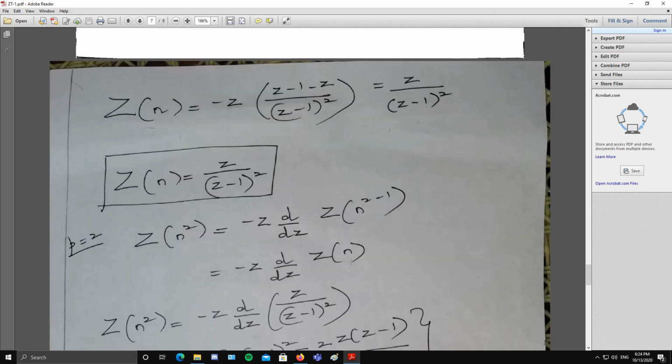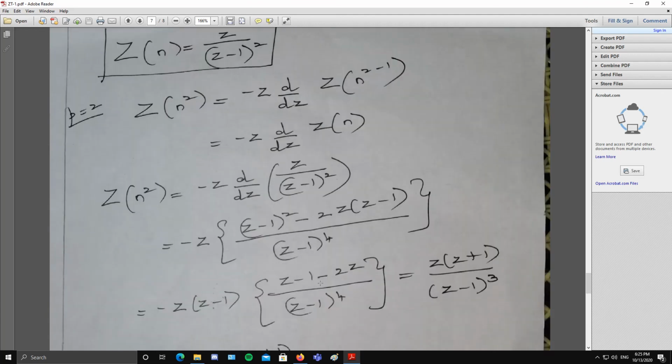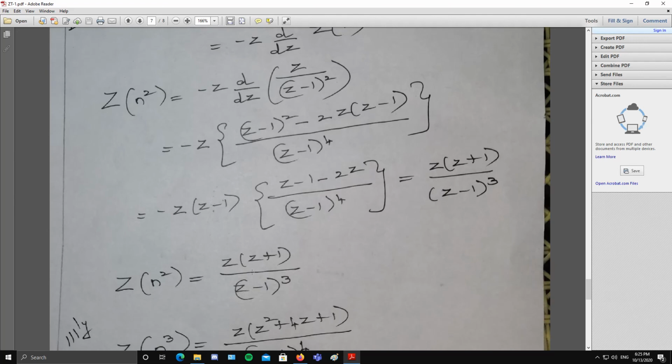What is Z of n? Z by z minus 1 whole square. So minus z d by dz of z by z minus 1 whole square. If you differentiate the bracket term by the quotient rule and then simplify, you will get z into z plus 1 by z minus 1 whole cube.